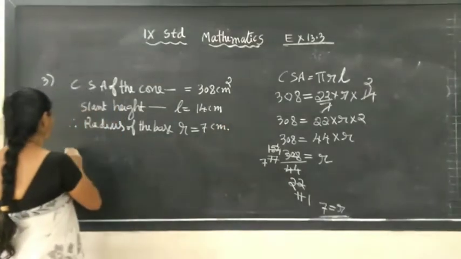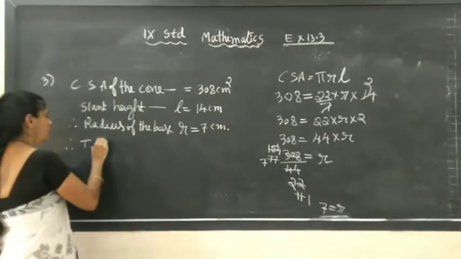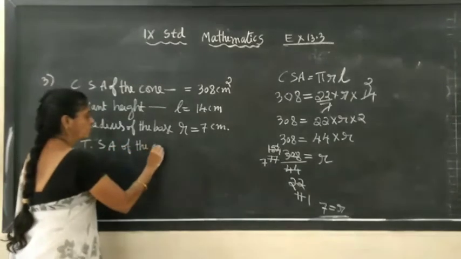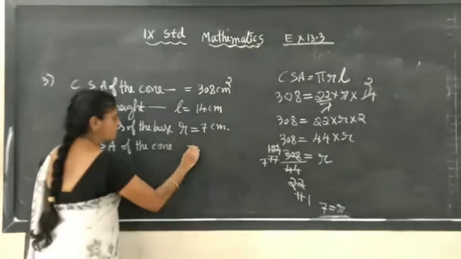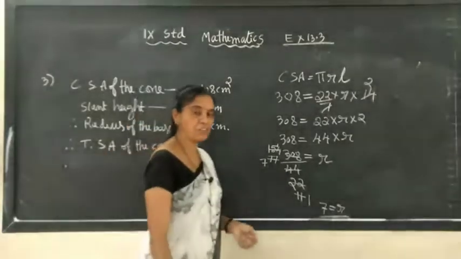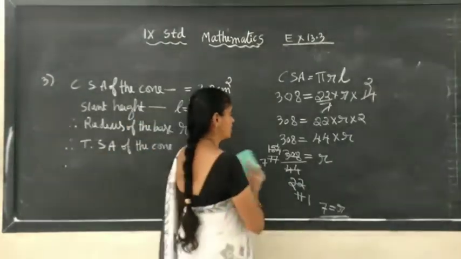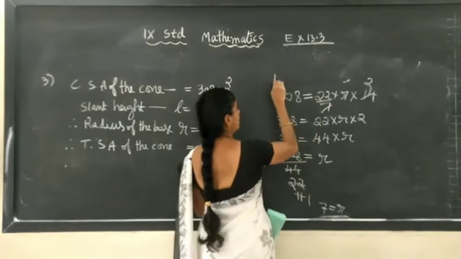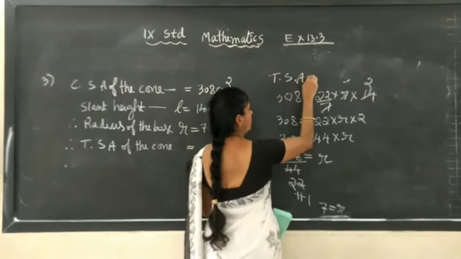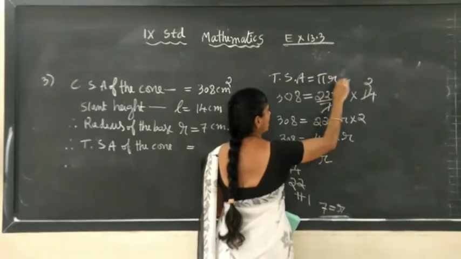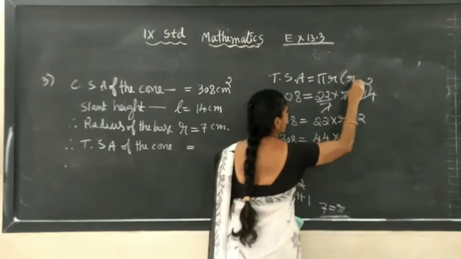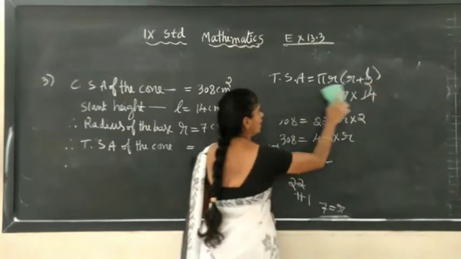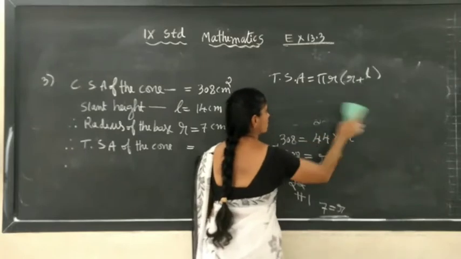And one more thing we will find out, the total surface area of the cone is equal to, now which formula do we have to use? The total surface area formula. What is the formula? TSA is equal to pi r into r plus L. This formula we have to use.